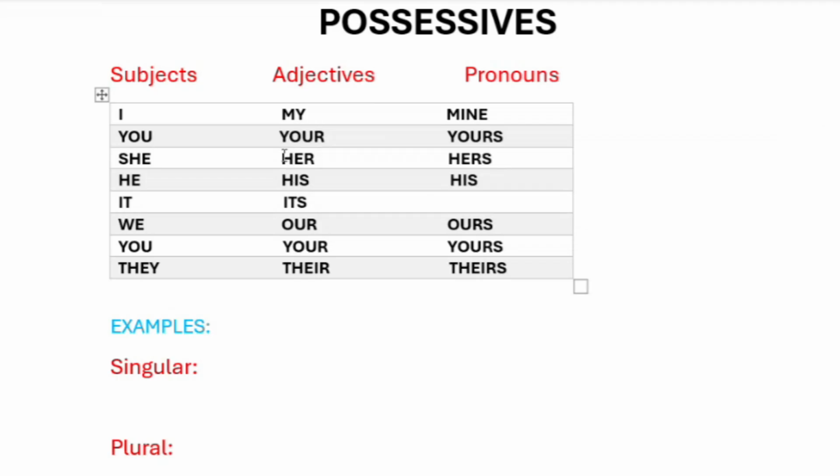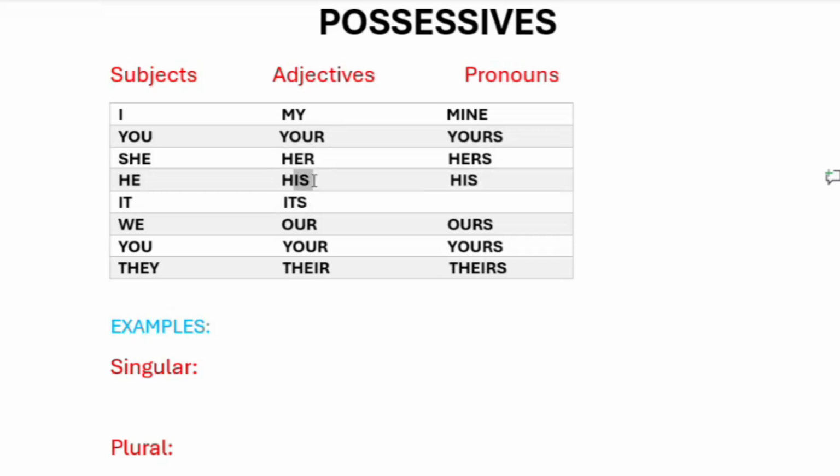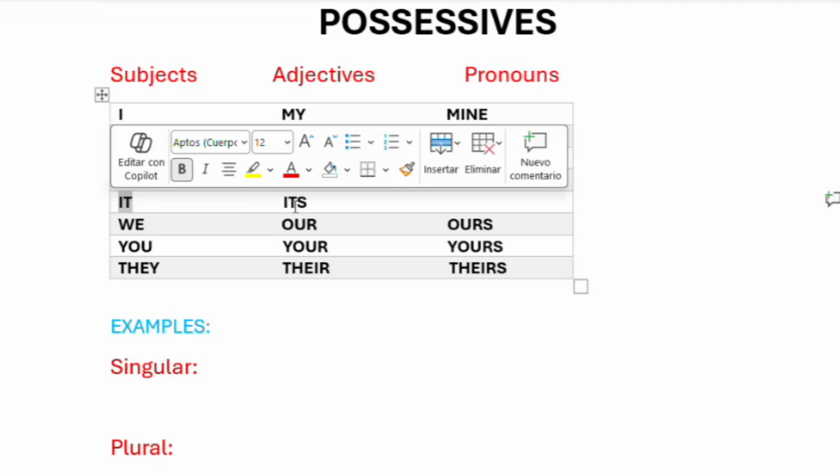And in this case we have her, when something belongs to a woman or a girl, and his is when something belongs to a man or a boy. And in this case we have it, something belongs to an animal, an object or a place, because you remember that it refers to an object, thing or an animal.